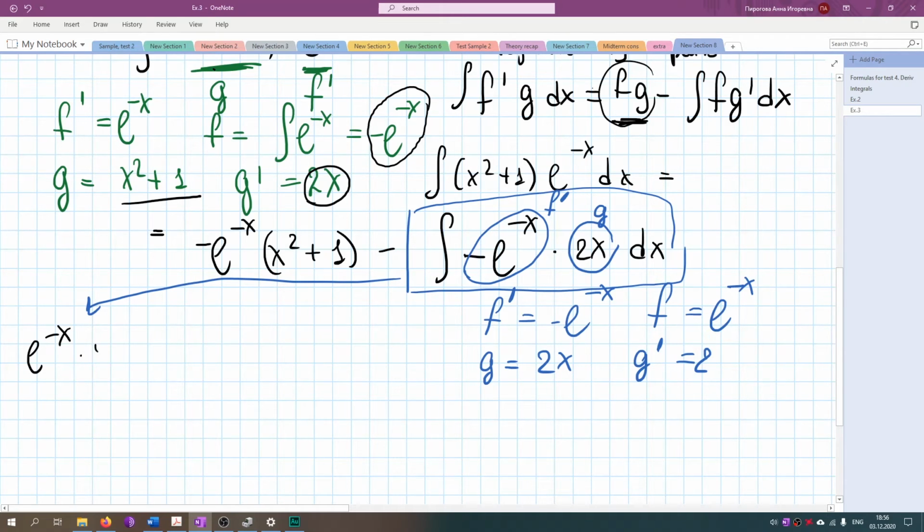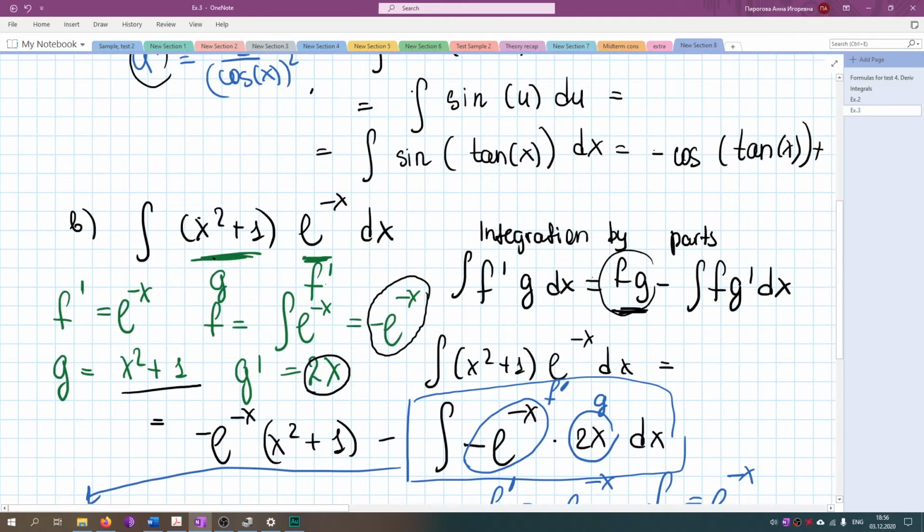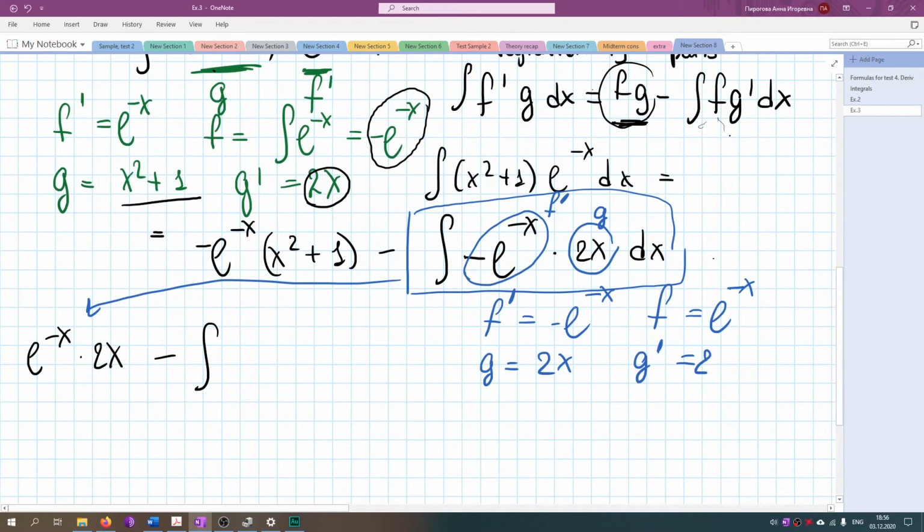In our case, g is equal to 2x, and subtract the integral, and inside the integral we have f function and the derivative of the g function. So in our case, f function is equal to e in the power of minus x, and the derivative of g function is equal to just 2.